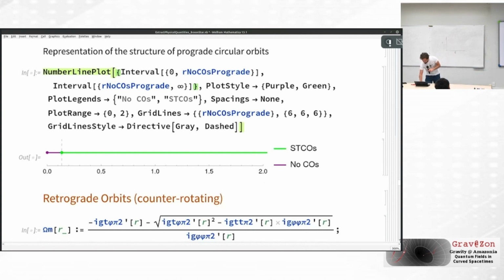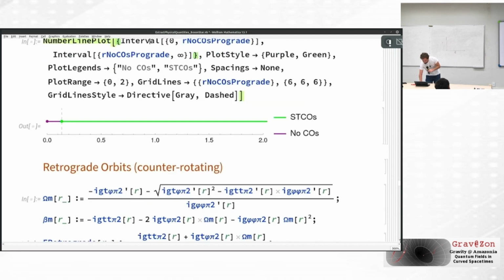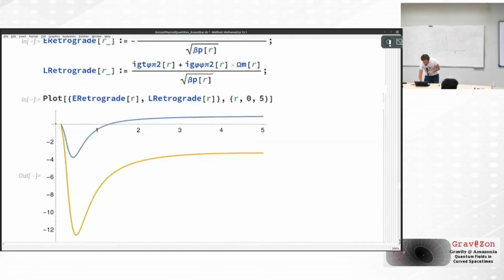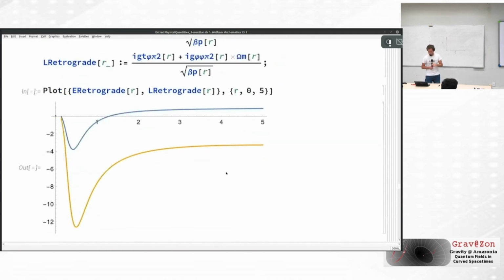Then you can do exactly the same type of analysis for the retrograde orbit. So you do everything again. And again, if you plot the energy and the angular momentum, you see that there is this small region here where everything is no longer defined.